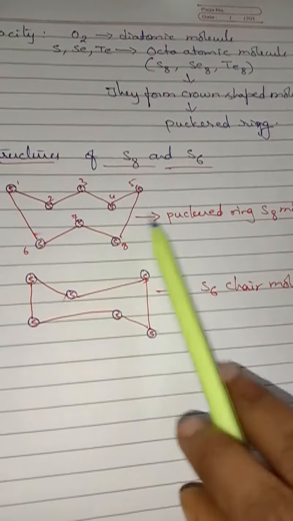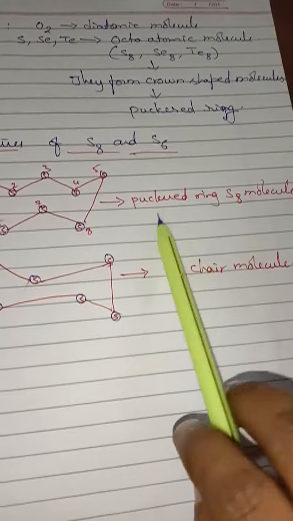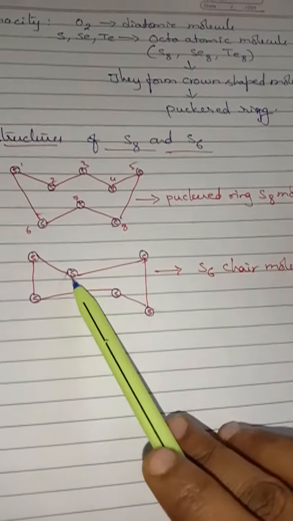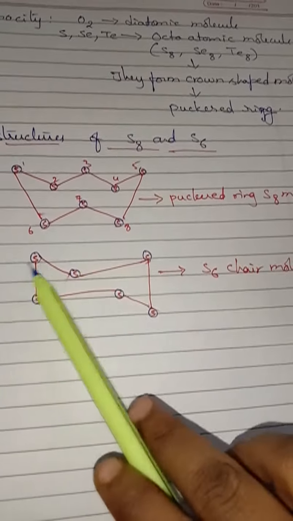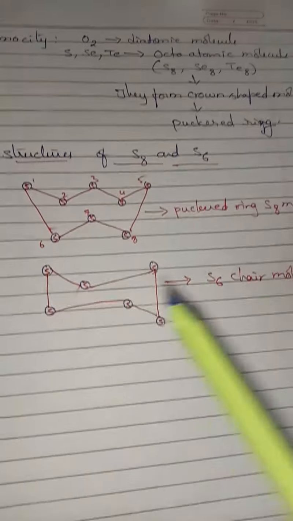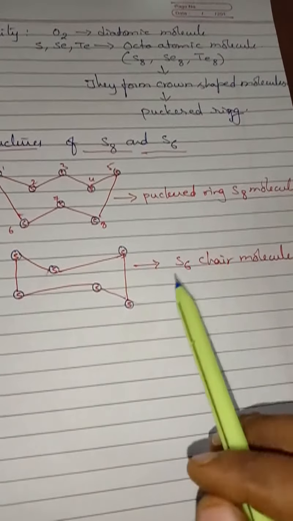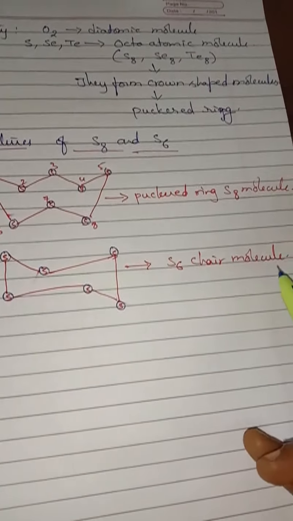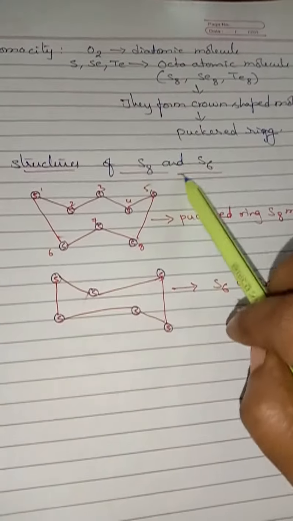This crown shaped molecule is also called a puckered ring S8 molecule. Now for the other structure, here we are taking S6. 6 atoms of sulfur, 1 2 3 4 5 6. If you see their structure, it looks like a chair. They form another form of structure, that is a chair molecule. So these are the structures of S8 and S6.